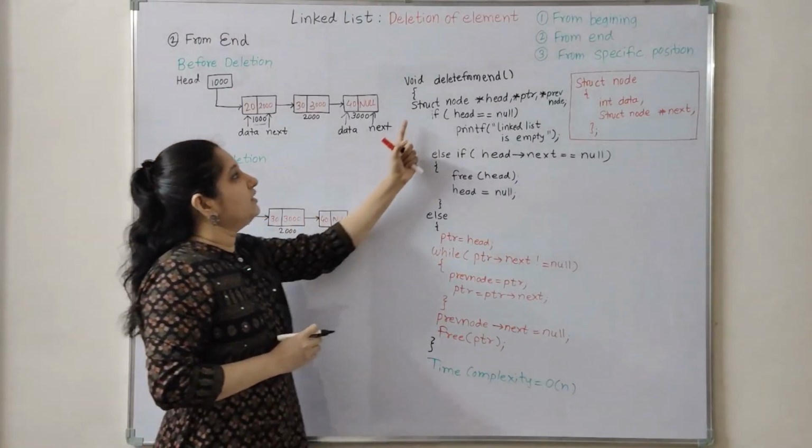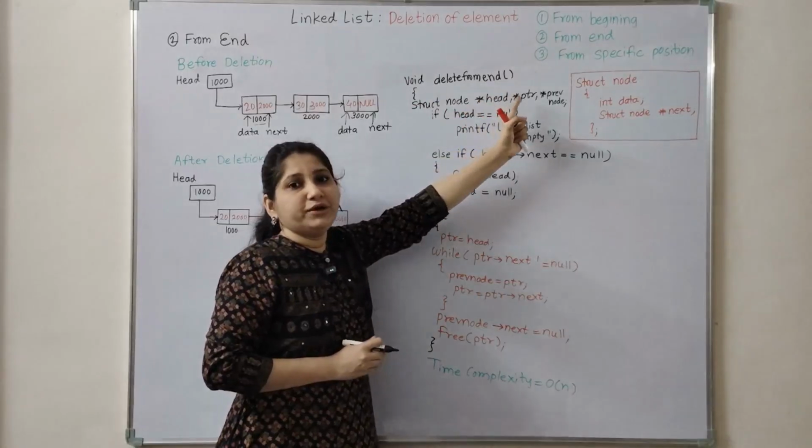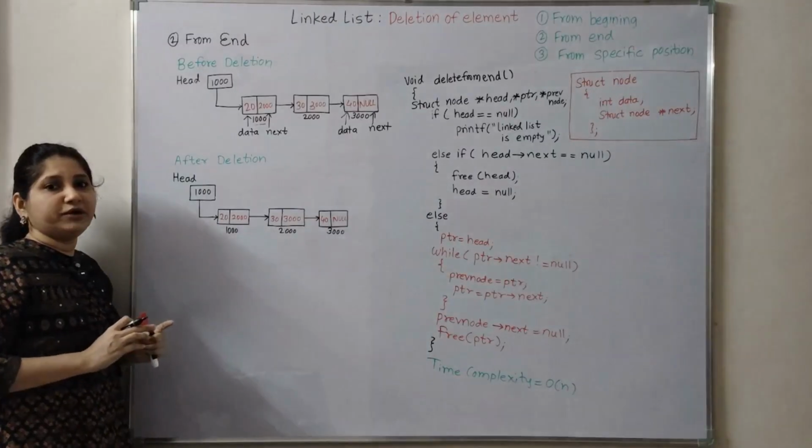You can see we have taken struct node pointer head, pointer PTR and pointer previous node. So we will require 3 pointer variables.